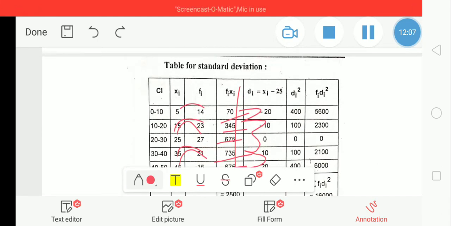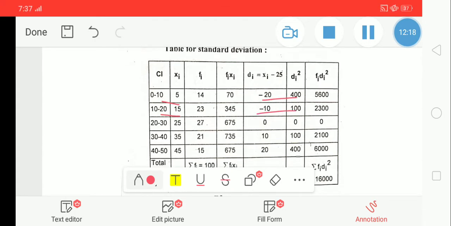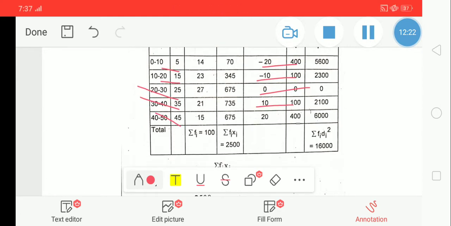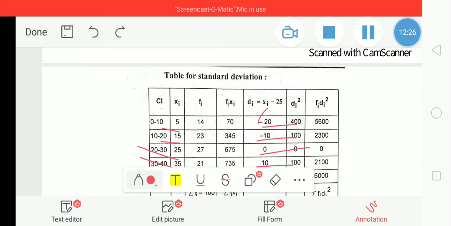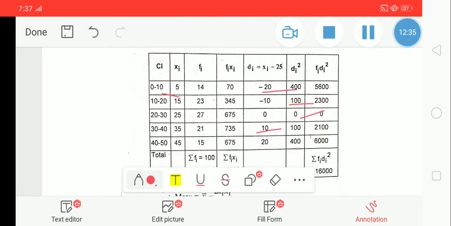Now to find the standard deviation, first find di, xi minus x bar: 5 minus 25 is minus 20, 15 minus 25 is minus 10, 25 minus 25 is 0, 35 minus 25 is 10, 45 minus 25 is 20. Now di square: minus 20 squared is 400, 10 squared is 100, 0 squared is 0, 10 squared is 100 and 20 squared is 400.